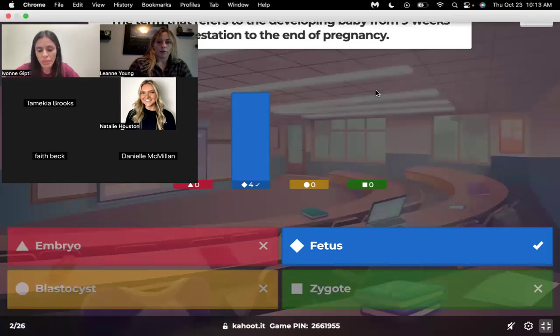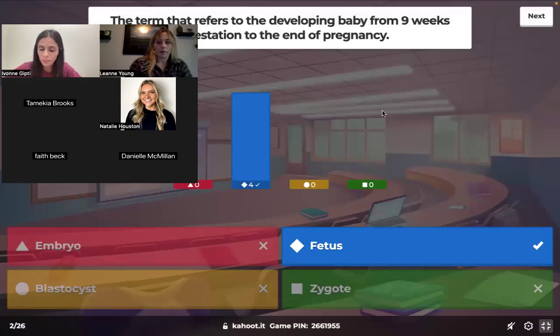Awesome. So the term that refers to the developing baby from 9 weeks of gestation to the end of pregnancy is your fetus, correct?